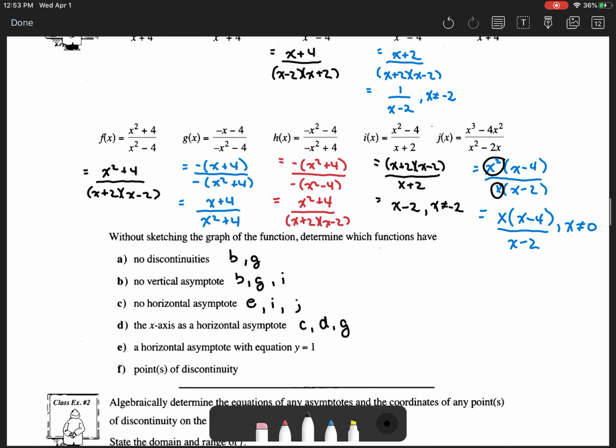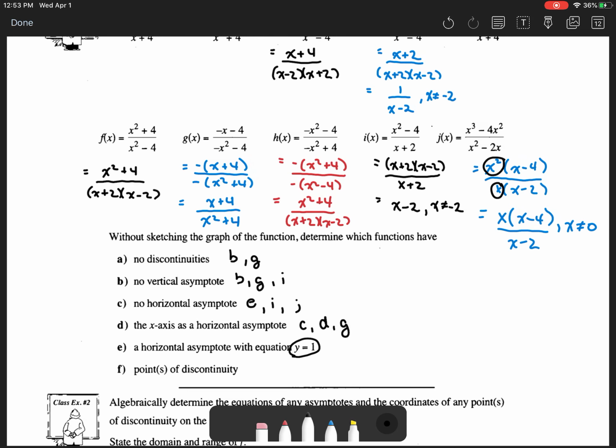Okay. Just about done here. With e, a horizontal asymptote with an equation of y equaling 1. If I want to have an equation where y is equal to 1, I'm going to have to compare the degree of the numerator and denominator. The degrees will have to be the same, and the leading coefficients will have to be the same. So I get 3 over 3 or 9 over 9. Those will all reduce to 1.